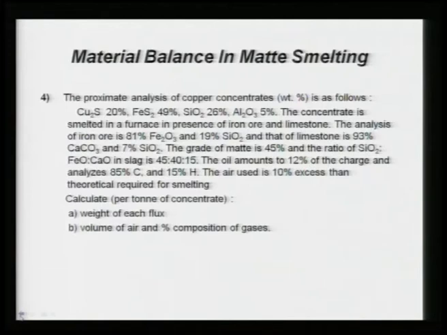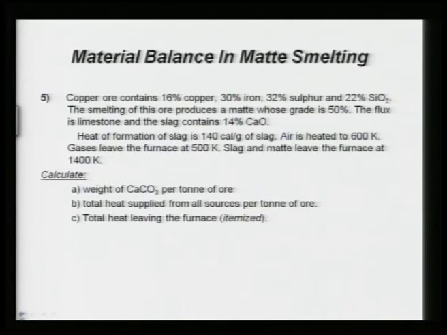Now, the next problem: copper ore contains 16% copper, 30% iron and so on. The smelting of this ore produces a matte whose grade is given, the flux is limestone and the slag contains 14% CaO. Various data on heat are given. You can go through these data and understand them, because whenever there is a formation of slag, it is also accompanied by heat of formation.